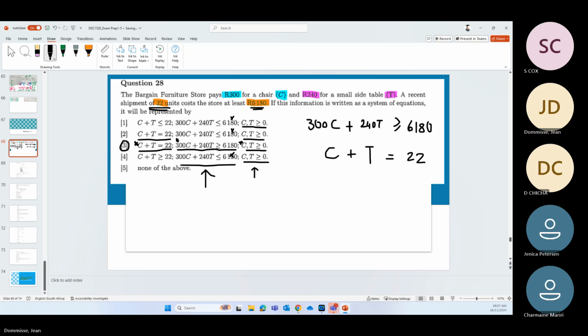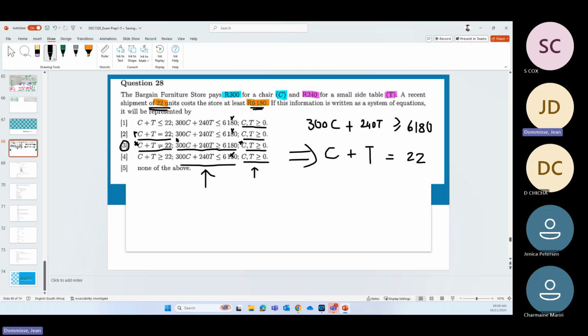Okay, so again, with a question like this, break it up a bit for yourself. You could also have started with the C and T to say, well, there's 22 units, so C plus T must be equal to 22. So then from the start, you could have said, okay, there's only those two that are relevant.